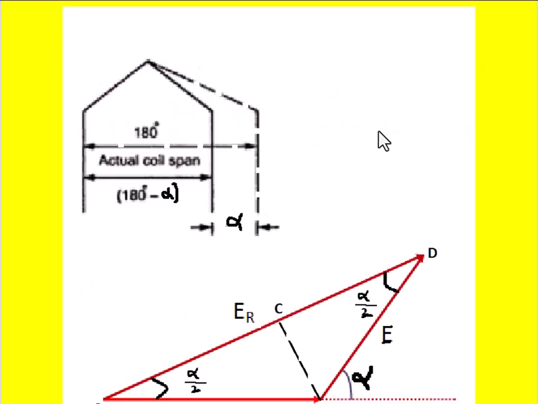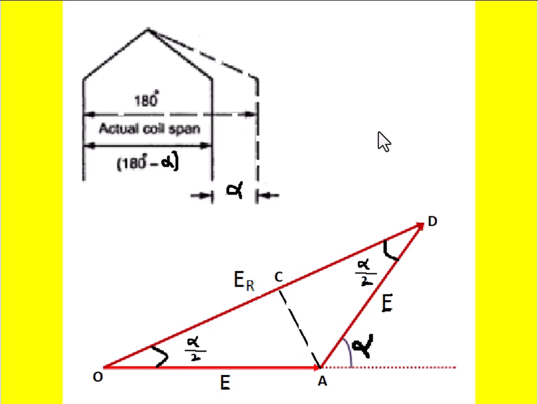So in this video, the aim is to calculate the phasor sum of voltage of this short pitched coil and also arithmetic sum of voltages in this short pitched coil.